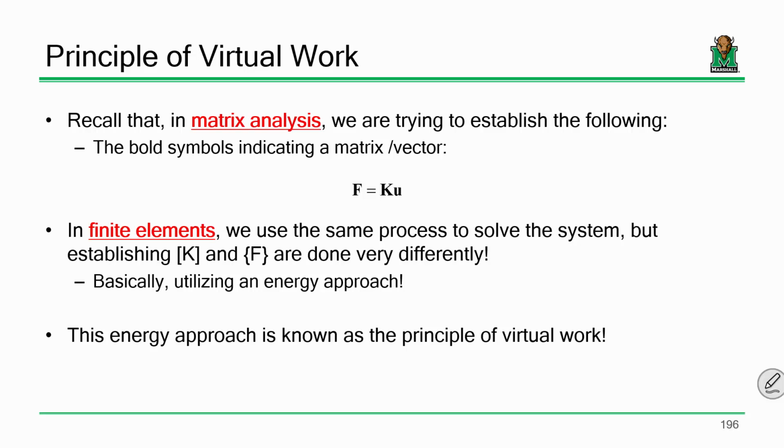Are you using the same general procedure? Write a K matrix for each member, assemble it, apply boundary conditions, solve for displacements, and so on. Yeah, it's the same procedure. The problem is, how do you get K? How do you get F? How do you take a brick element and take that one node and move it this way and record its force?